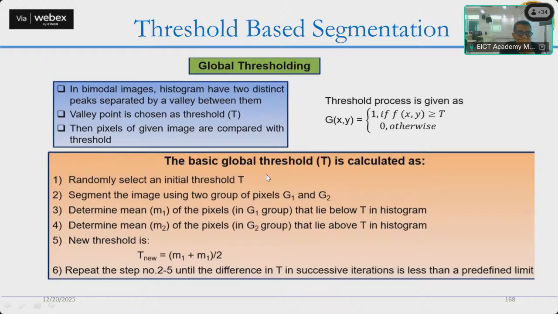So what is the global threshold? Global threshold is calculated by randomly selecting an initial threshold T. Then you segment the image into two groups of pixels, G1 and G2.